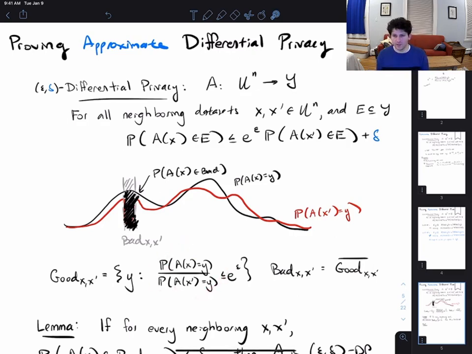It says that the probability of getting Y under A(X) should not be more than an e to the epsilon factor larger than the probability of getting Y under A(X prime). And we'll define the bad set to just be the complement of the good set. So these are the ones where you are much more likely to see Y when the data set is X than you were when the data set was X prime.